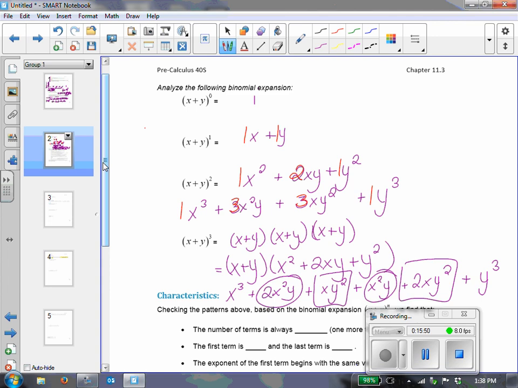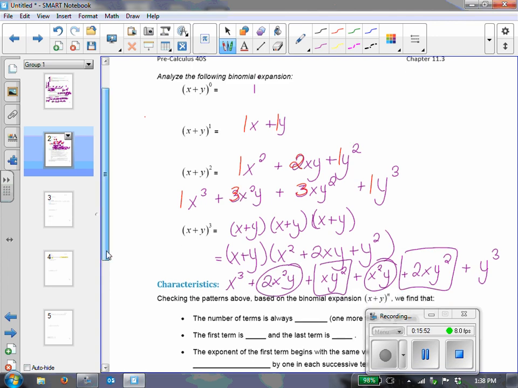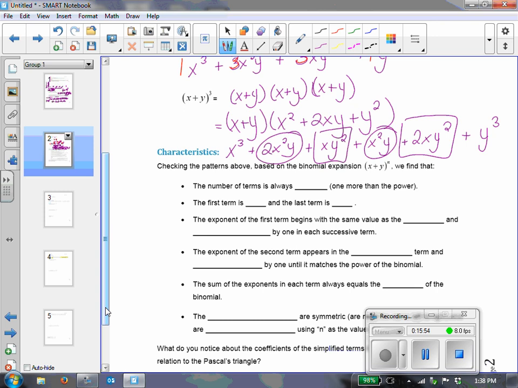Does that make sense to everybody? So the number of terms is always one more than the power, n plus 1. So if your exponent n is 15, how many terms should you have? 16.